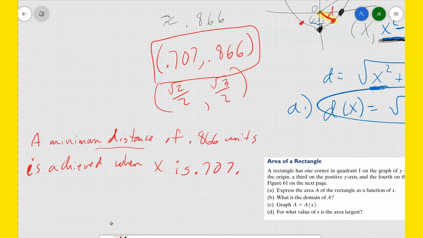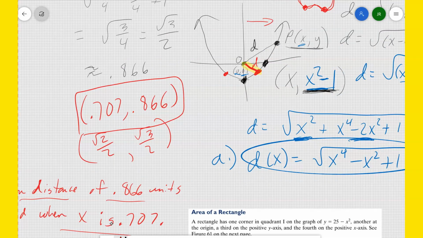So the minimum distance is 0.866, and it occurs when x is 0.707. So this point right here is when x is 0.707, and that makes this distance right here be 0.866.